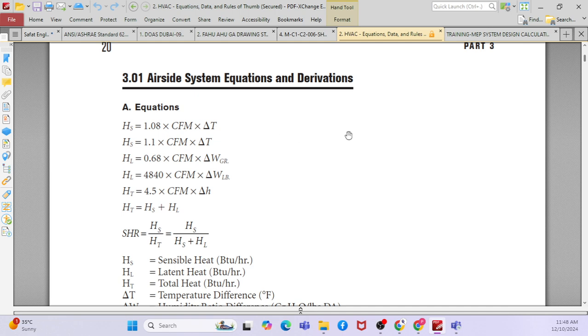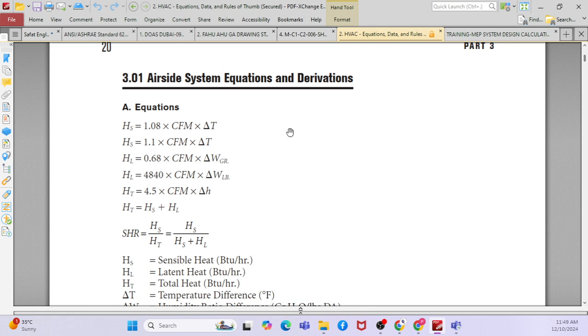When you multiply all these values and convert from hour to minute, this value will come. That is the derivation, but the basic formula is Q equals m Cp delta T. That is the basic equation for heat transfer.